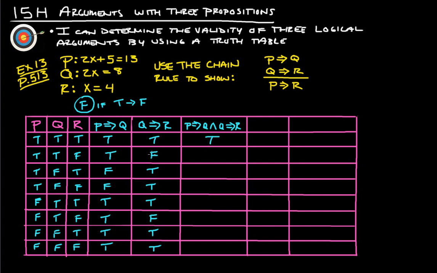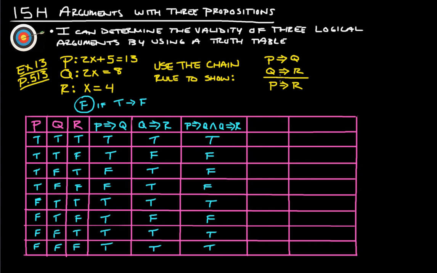So that one's true. True, false, that would be false. False, true is false. False, true is false. True, true, there's our other true. True, false does not work. True, true works. True, true works. So that's our and, these two together.